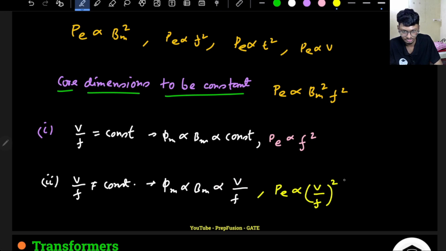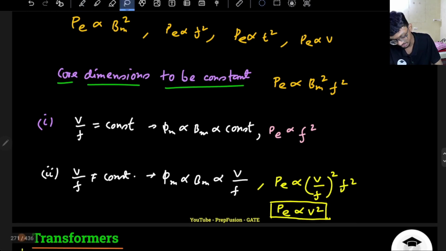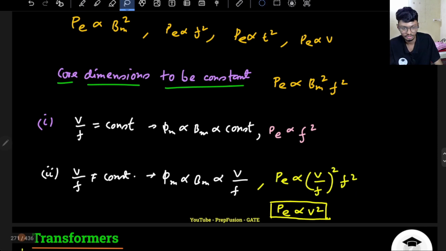Here there is no Steinmetz constant, it is fixed that it will be squared only, because power loss is V square by R, something like that. So actually my eddy current loss is proportional only to the voltage square. It is independent of the frequency if V by f is not constant. Okay, so that is the key point that you should take, because questions will come from this particular zone only.